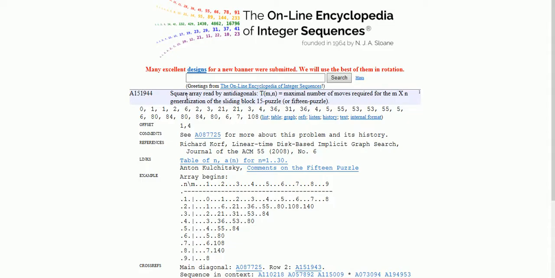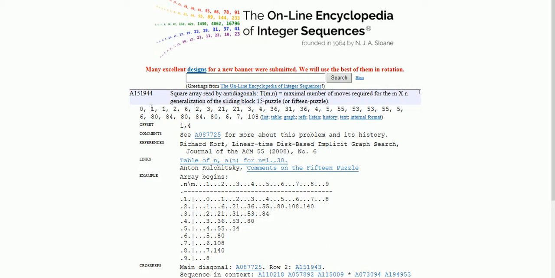Here you are. So the square array read by anti-diagonals, M by N, maximal number of moves required for the M times N generalization of the sliding block 15 puzzle. Okay, so if M is 0, then this is 0.